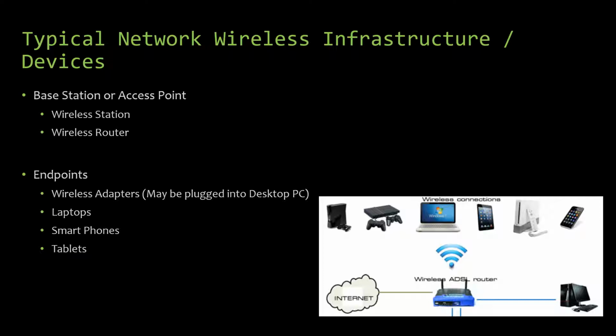And we just have a small diagram here of a router sitting in the middle, which is connected to a PC and to the internet, and it is beaming a wireless protocol to various devices in the environment, which include a laptop and a PlayStation 2, along with an Xbox 360. This is a particularly old picture. And those endpoints are capable of communicating to the router in this particular instance via a wireless medium.